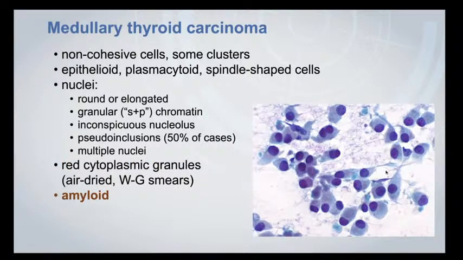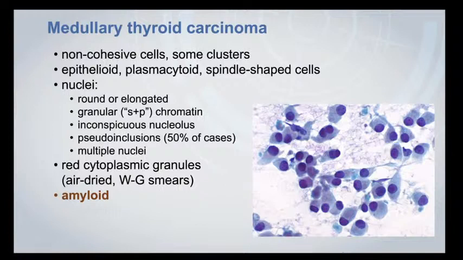Amyloid is frequently seen, although not always, with FNAs from medullary thyroid carcinoma. And if you look in this image, you will find these little pale blue blobs of amyloid. Sometimes these amyloid fragments can be much larger than what you're seeing here. I will tell you that I personally don't think I can distinguish colloid from amyloid.